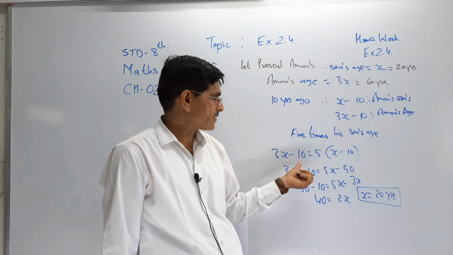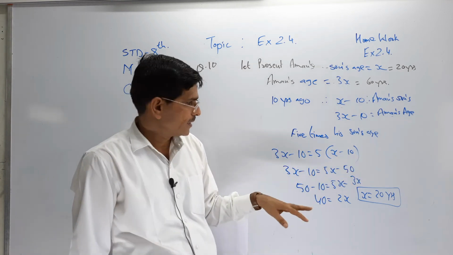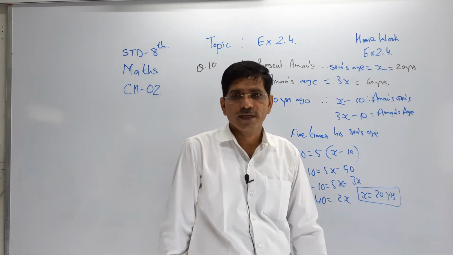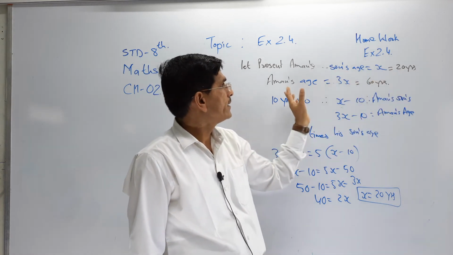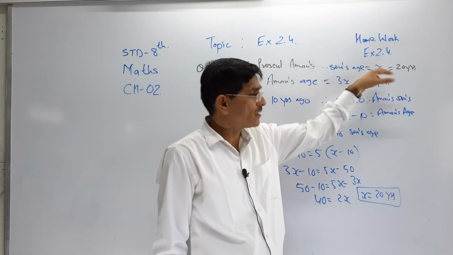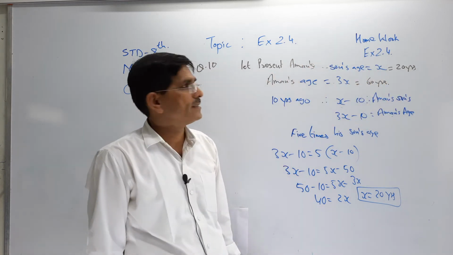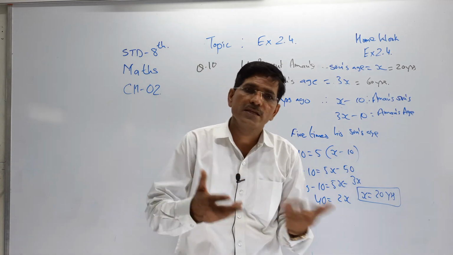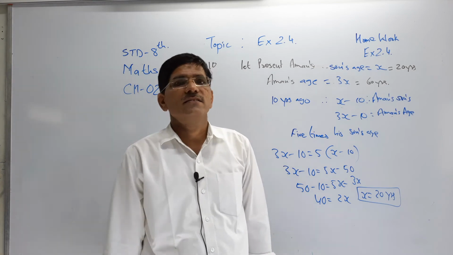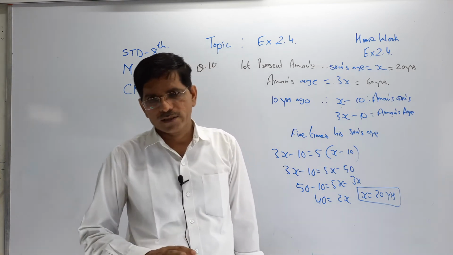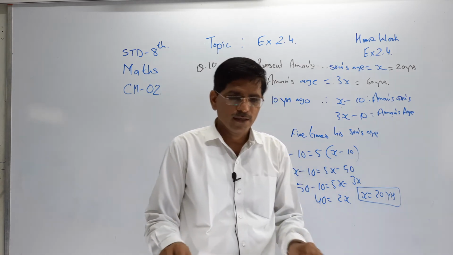So 3x minus 10 is equal to 5(x minus 10). If I open the bracket, we get the value of x, that is 20 years. So Aman's son's age is 20 years and Aman's age is 60 years. The word father is not written, but Aman and his son is written. So the son is smaller, that is 20 years, and the father is 60 years.